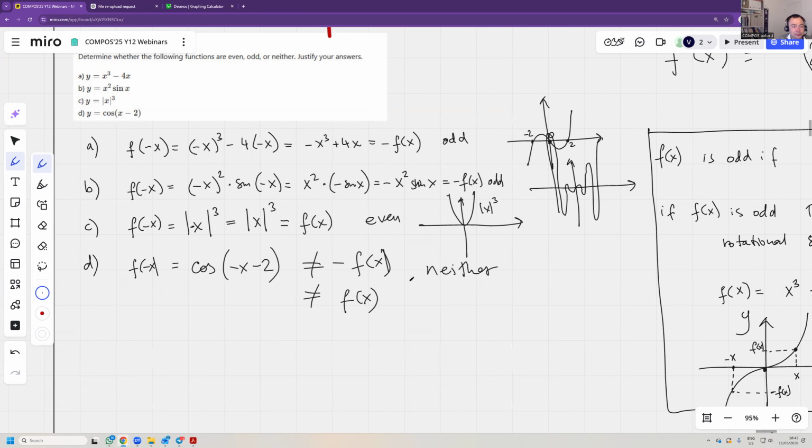And cosine x minus 2. Well, it's neither. It's cosine x shifted by 2, say 2 to the right. So no, it's not symmetrical. It doesn't have a line symmetry, and neither does it have a rotational symmetry, because at 0 it's this.